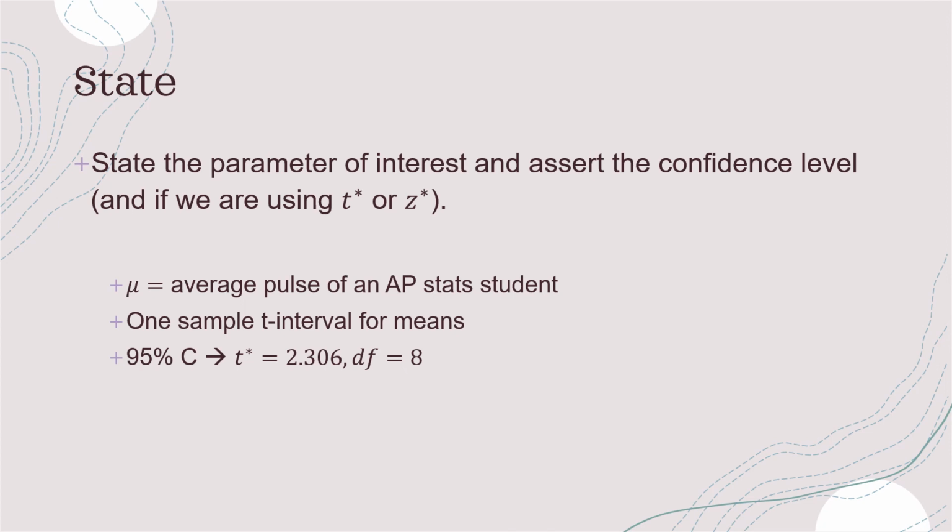It's a 95% confidence, so 95% on 2 tails, so it would be 0.025. Degree of freedom was 8 because there were 9 samples, so it's 9 minus 1. And we get a critical t value of 2.306 in this case.